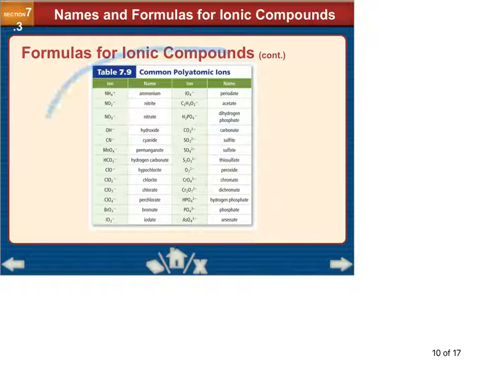Here's a list of common polyatomic ions. In class, I'll give you a list of them that you will need to memorize. For many of them, you'll be able to look them up in a chart like this.